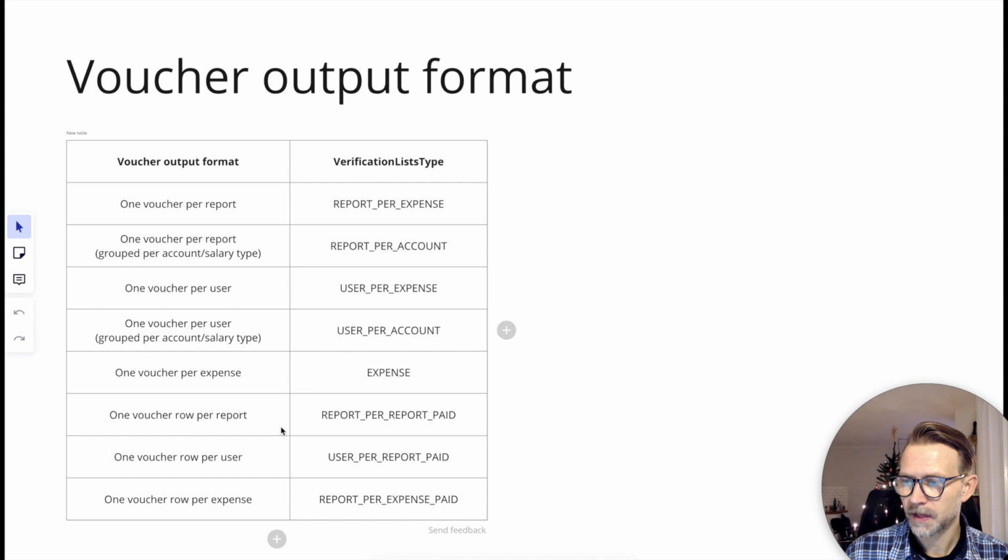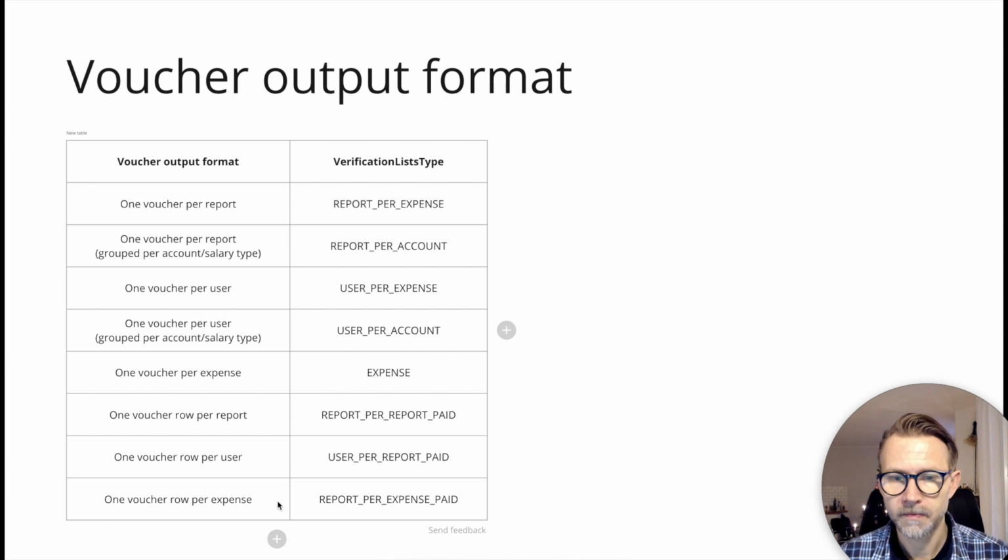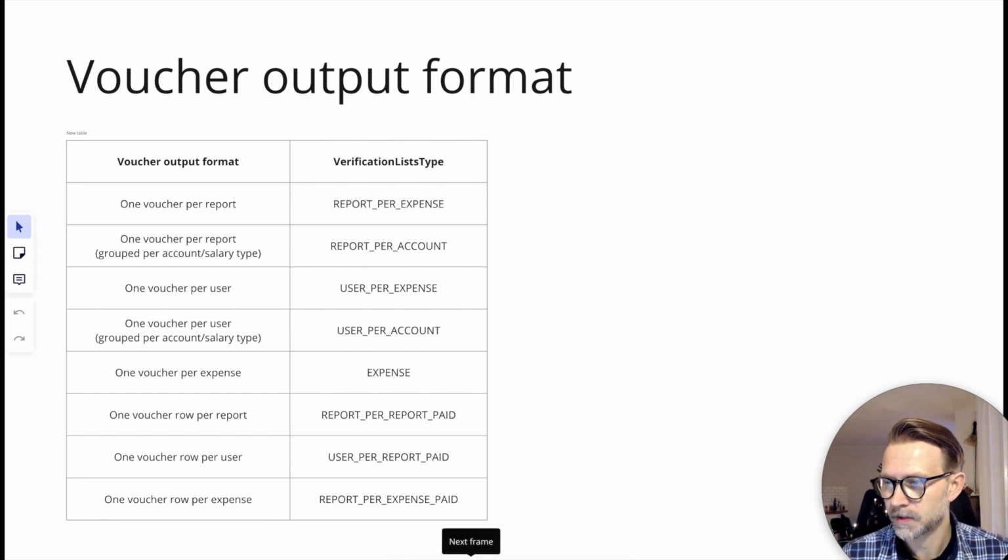And we can group that as one voucher row per each report. So now it's very condensed. Or the same way, one voucher row per each user, or one voucher row per expense. We're going to look at examples to see how they look.